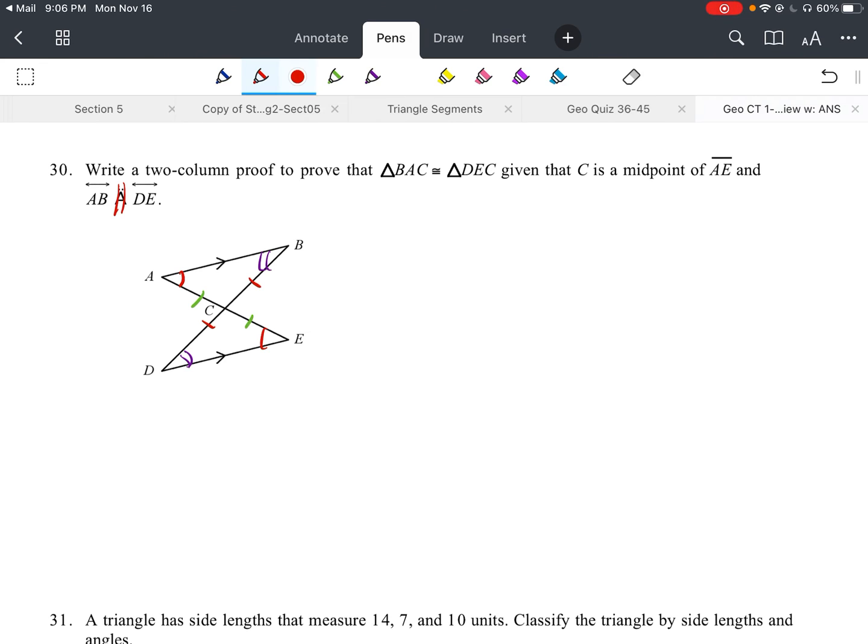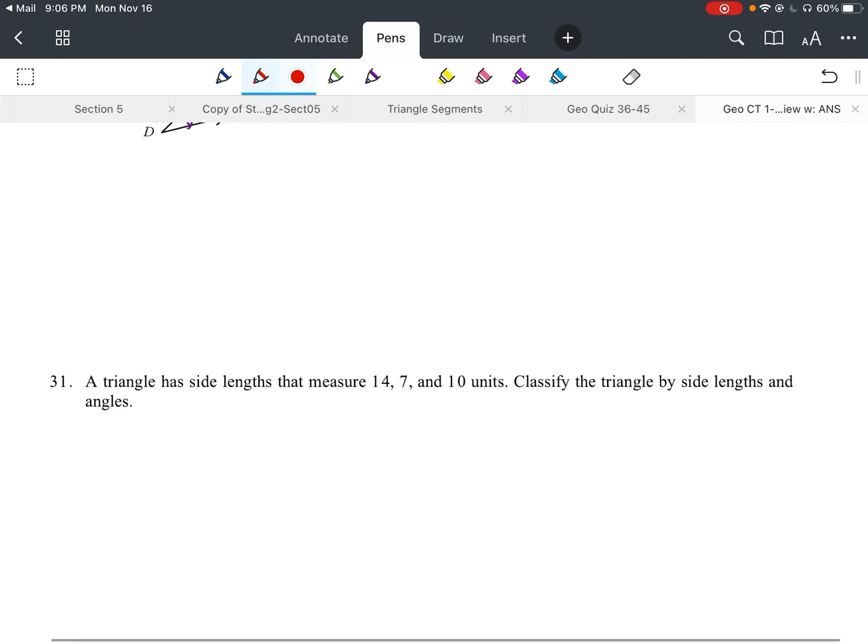But you don't even need all that. You don't need much at all. You've got vertical angles here. You've got those sides. You could do side, angle, angle, or angle, side, angle. Anyway, you get a lot of options here for solving this one. Just walk through and pick your favorites on this.